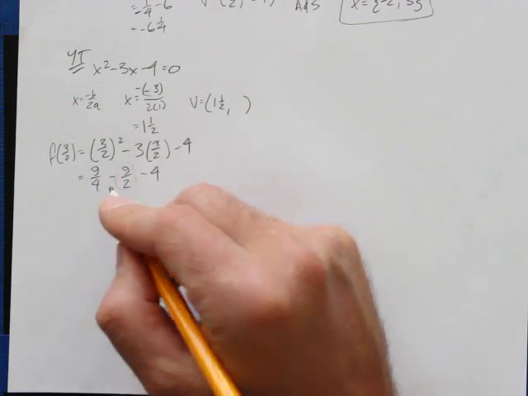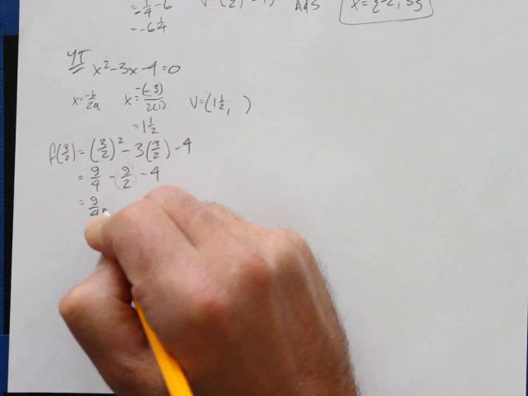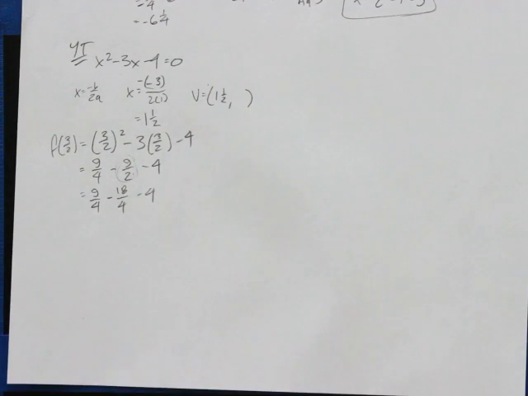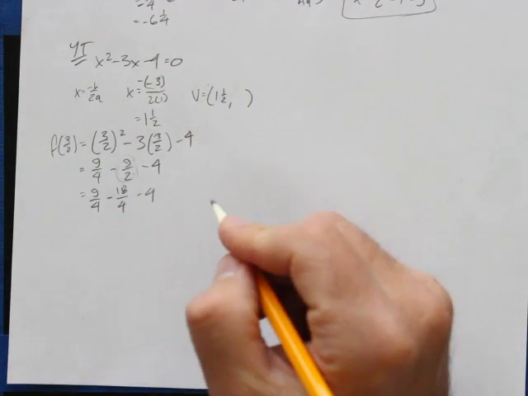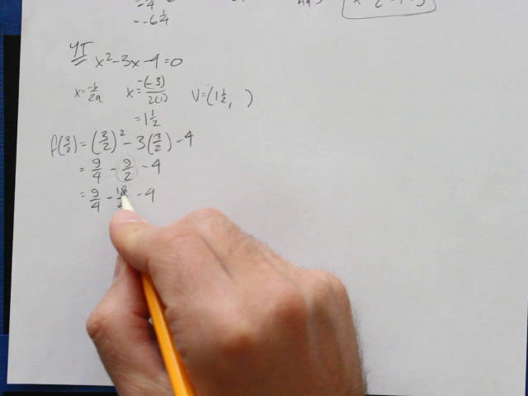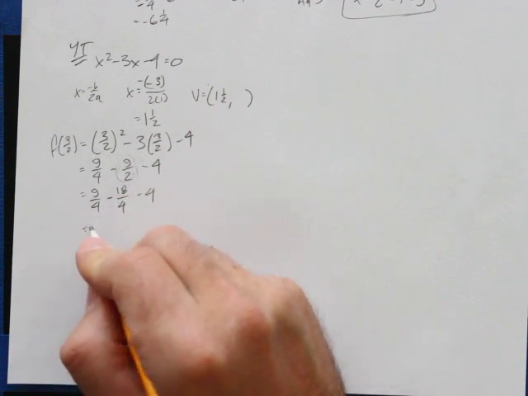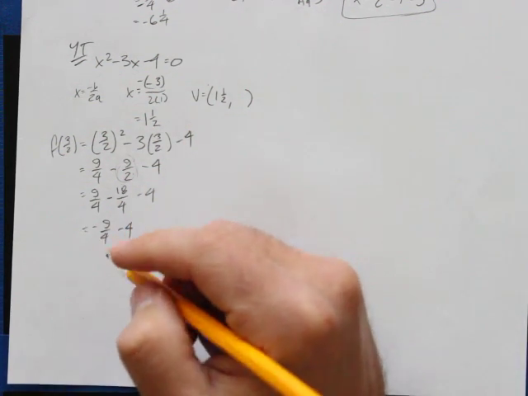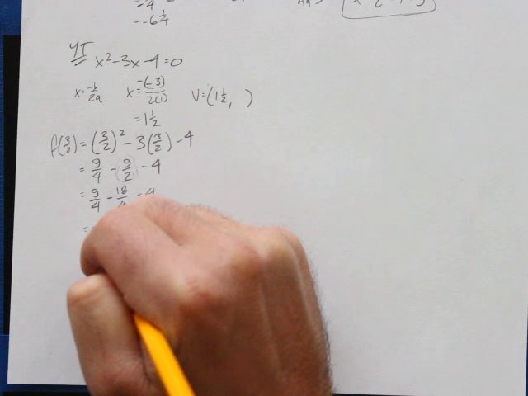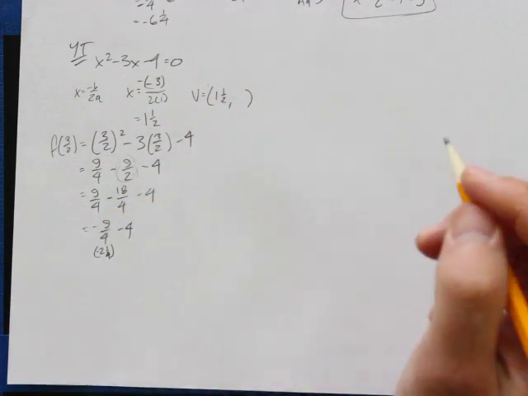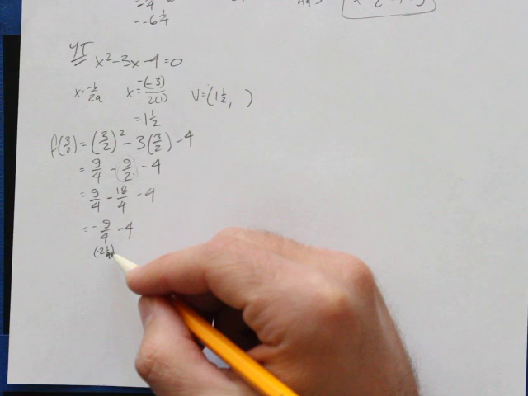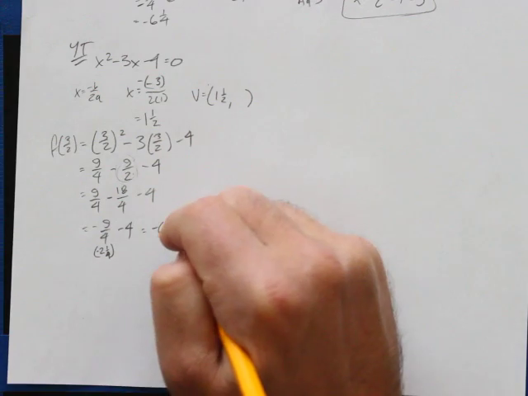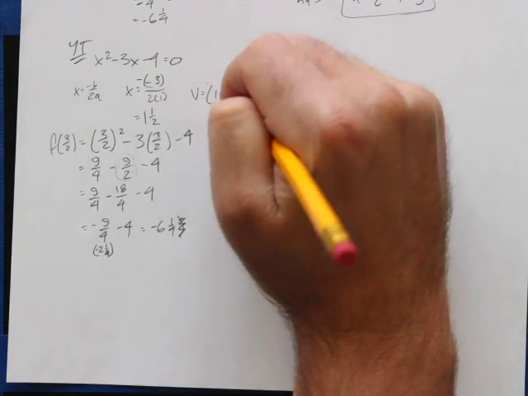So I've got to multiply by 2 to get a common denominator. 9 over 4 minus 18 over 4 minus 4. So 9 minus 18 is negative 9. So I've got negative 9/4 minus 4. 9/4 is 2 and 1/4. So negative 2 and 1/4 minus 4 is going to get me negative 6 and 1/4. That's the y value of my vertex.